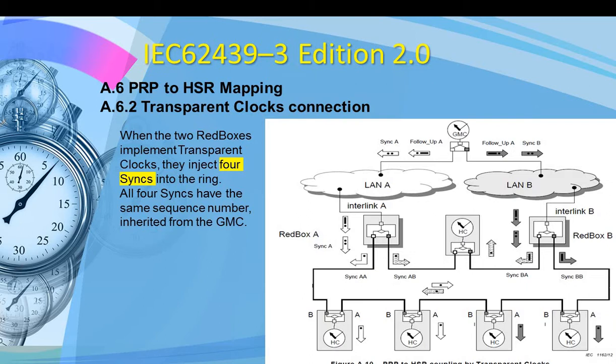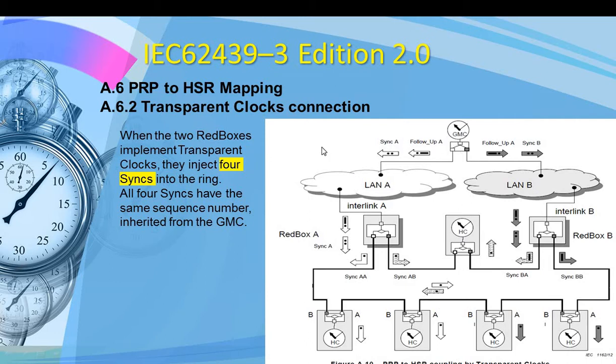In edition 2.0, because it provides two methods to connect PRP to HSR network, if we use a transparent clock, it means we have a transparent clock connecting one side, the PRP network, to the other side, the HSR network.